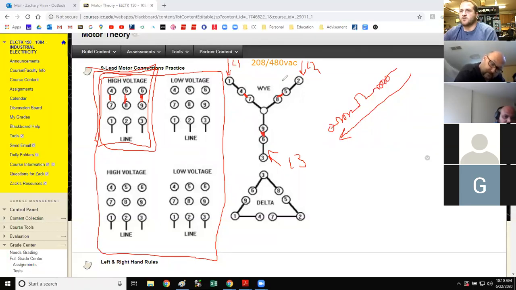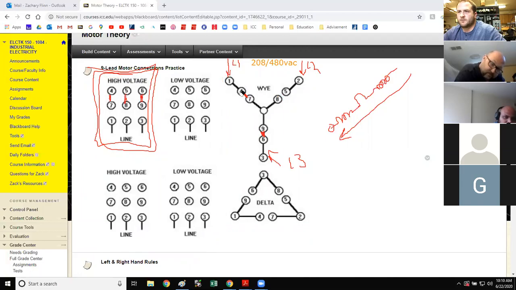So let's look at low voltage Y. For low voltage, we're going to take those windings and parallel them. So imagine it looks like this.